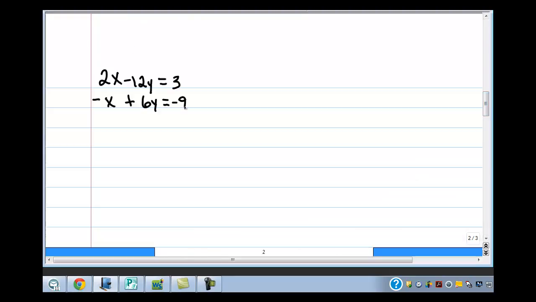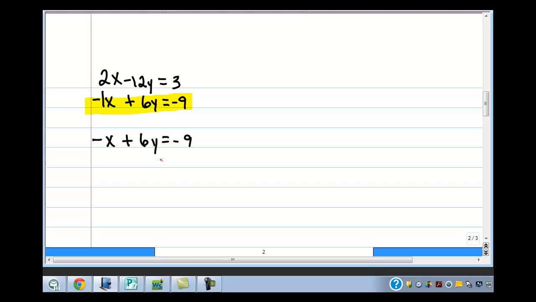Next example, I have 2x minus 12y equals 3 and negative x plus 6y equals negative 9. Choose an equation to solve for one of the variables. In this case, I'm going to choose the second equation because I notice I have not a positive 1 but a negative 1. So this should be relatively easy to solve for x. So let's write this equation down and solve.